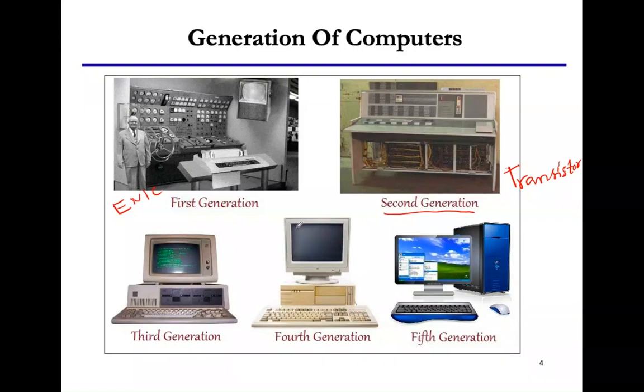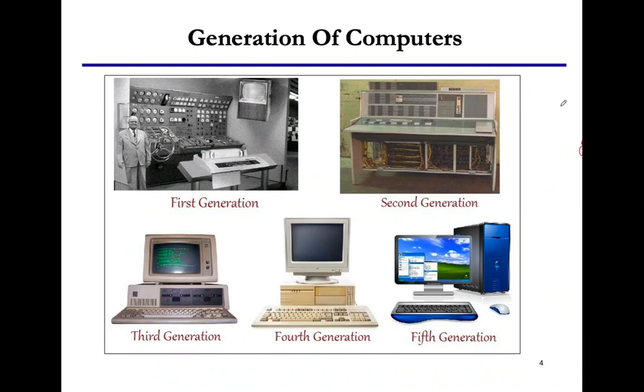So this is the beauty of moving from the vacuum tube to the second generation. In the second generation we follow the transistors. Because of that we find the CPU, the memory, the input output devices, and you can do multi-programming.